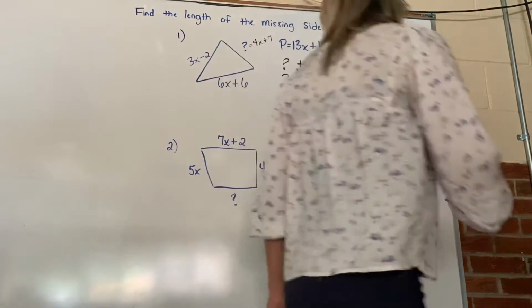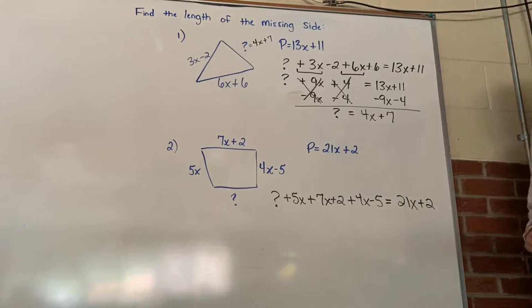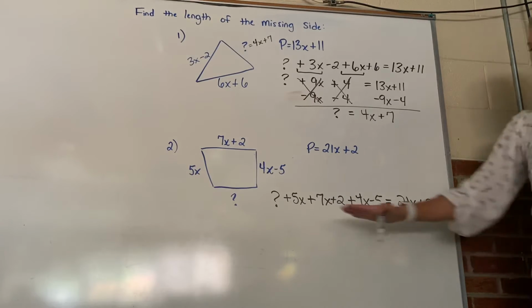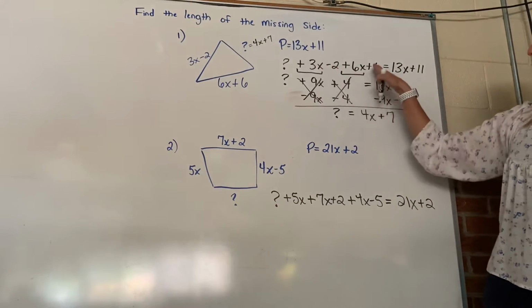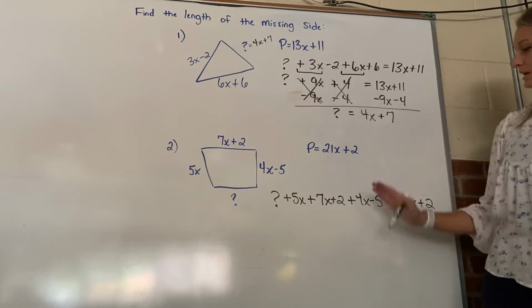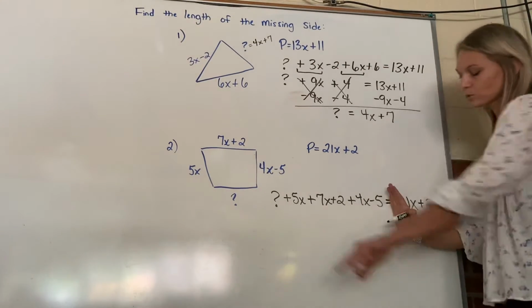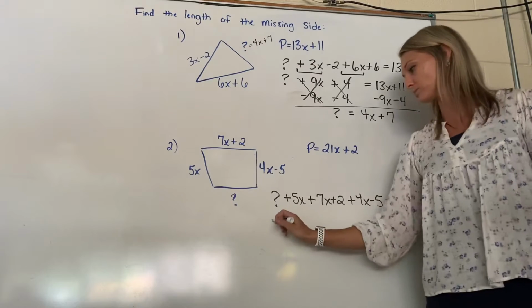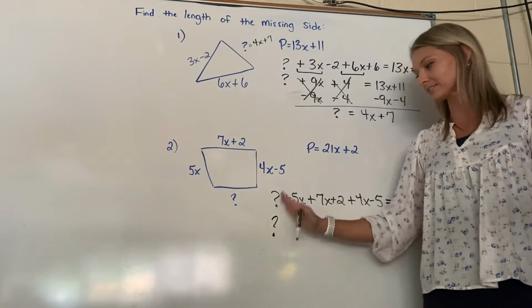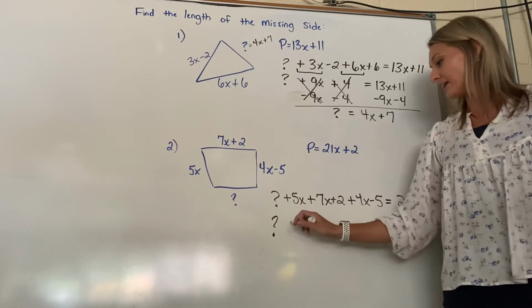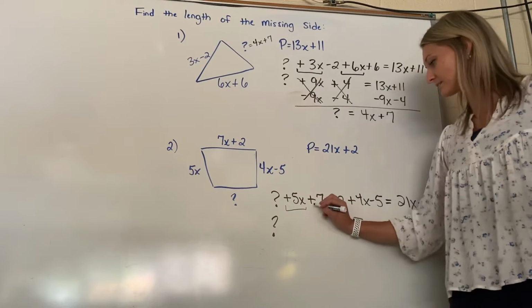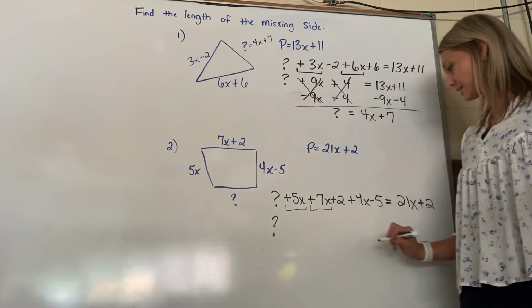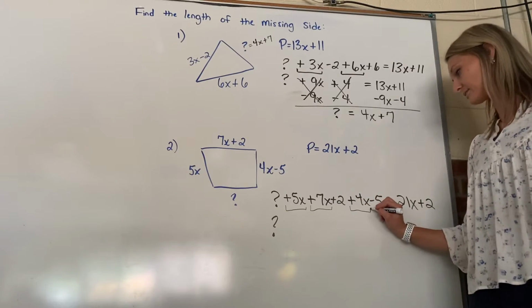All right, so then from there, I just have to solve for the side I'm missing. Just like what we did up here where we combined our like terms on this side of the equals mark, I'm going to do that. So my question mark's going to come down, that's the side I'm trying to find, and then I'm going to combine my like terms. So we've got a 5x, a 7x, and then a 4x.